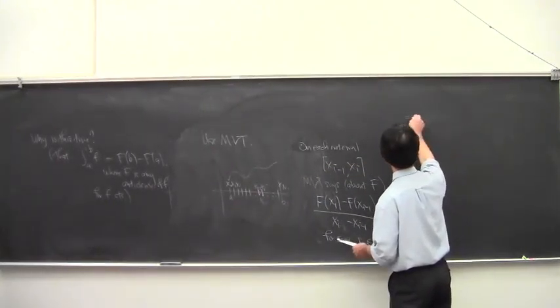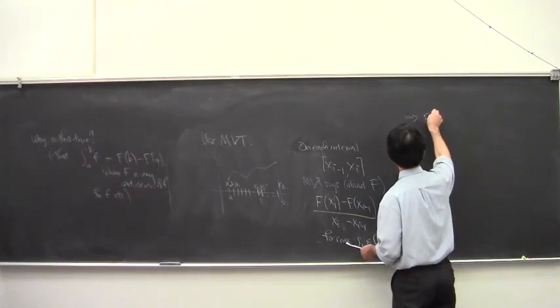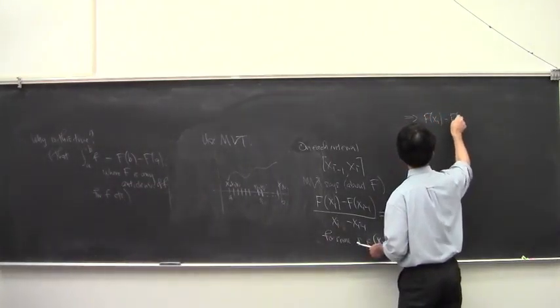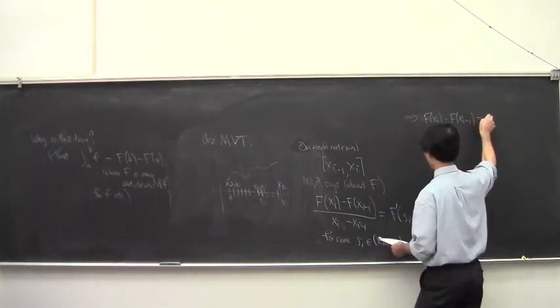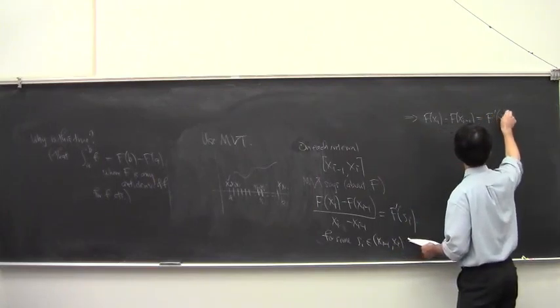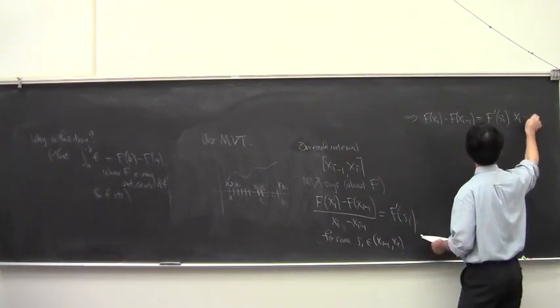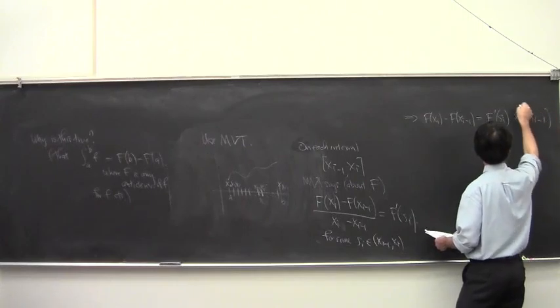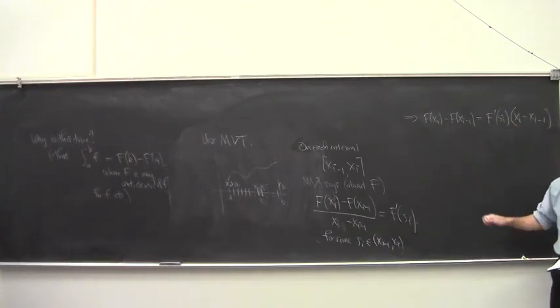So what does that say? That says that F of x_i minus F of x_{i-1} equals F prime of s_i times x_i minus x_{i-1}. Just multiplying through by the denominator, I get this.